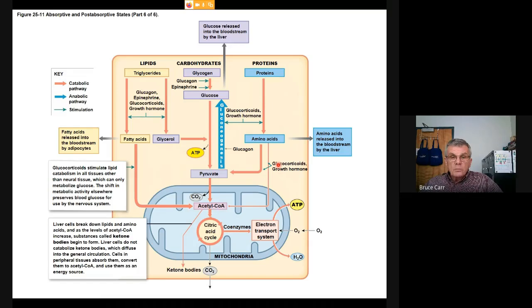So absorptive and post-absorptive states are affected by a variety of things, and this figure is for your overall examination, introducing the main cast of characters, the big energy steps. So right here, we have lipid metabolism.